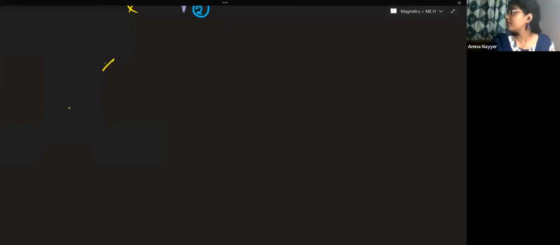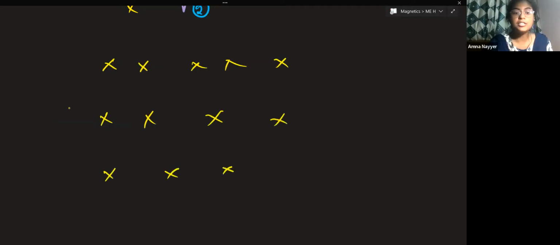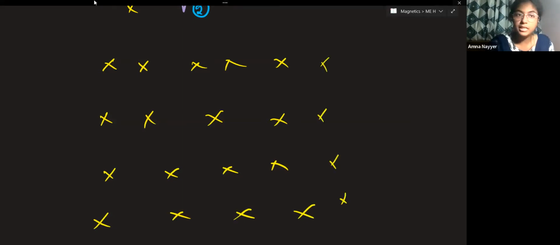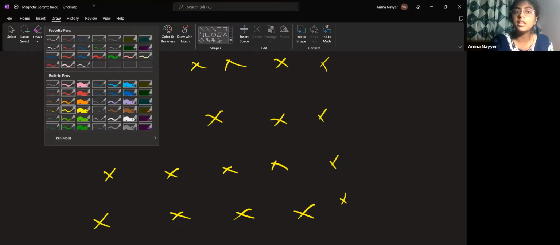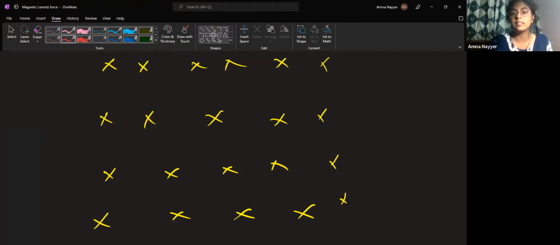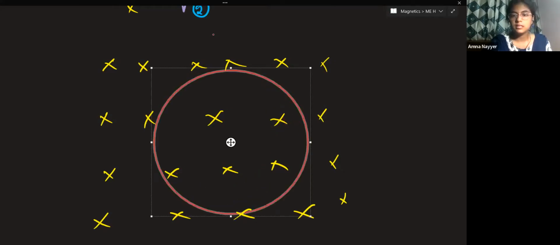Now see. If magnetic field lines are there and the charge is moving perpendicular to the magnetic field, motion of the charge will be what? Motion of the charge will be a complete circle. How?